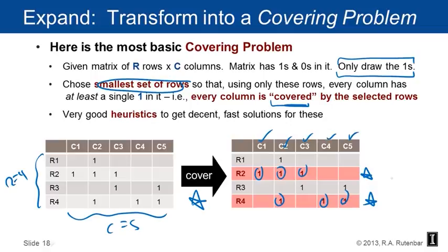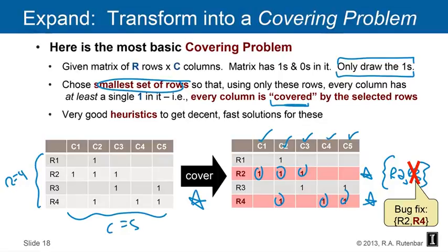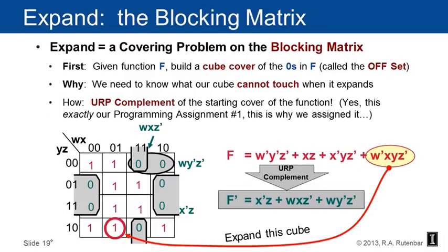And so a solution here is row 2 and row 4 as the fewest possible rows that cover all of the columns. There are perfectly nice heuristics to give you very decent, very quick solutions for these. So this is what we're going to turn the expand problem into, because these are not so hard to solve even for things that are pretty big.